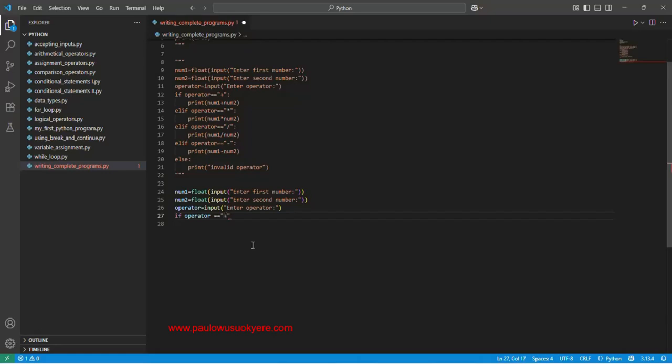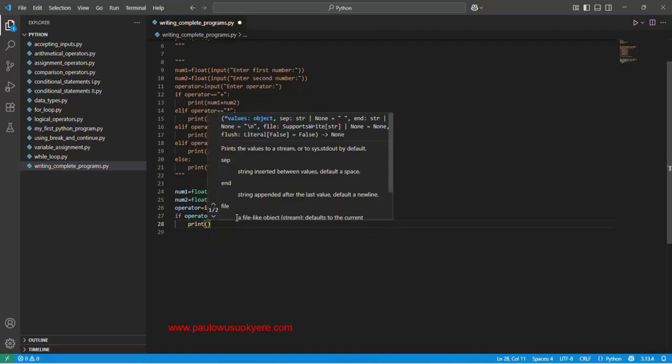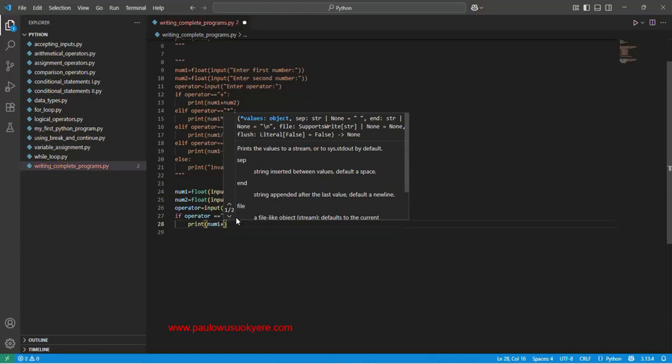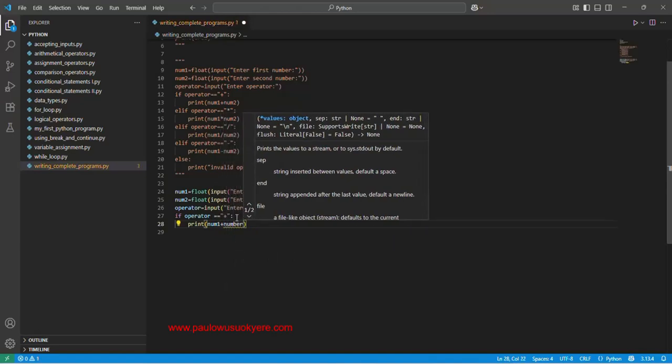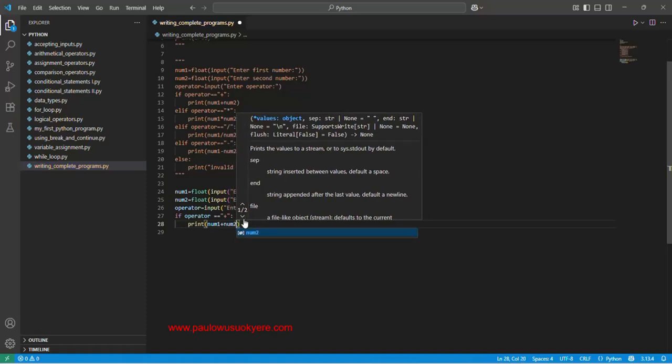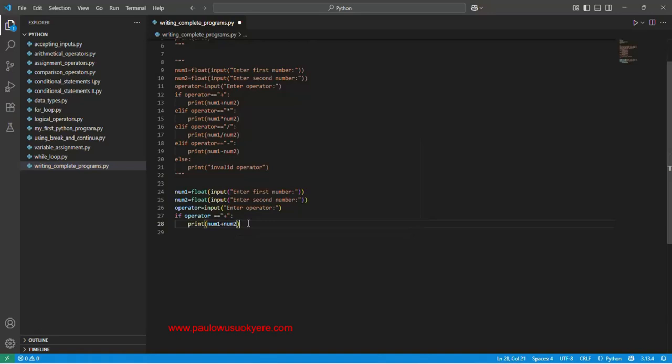If operator is addition or plus, colon, then print num1 plus num2. So if the operator is plus addition, it means print num1 plus num2. It means it should add num1 and num2.